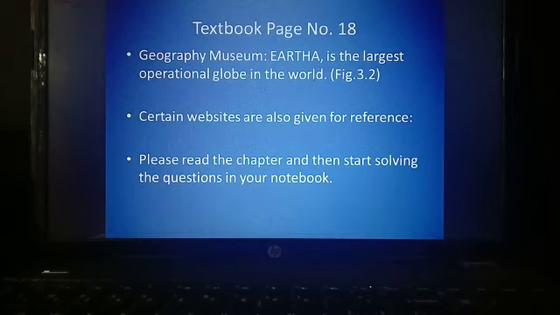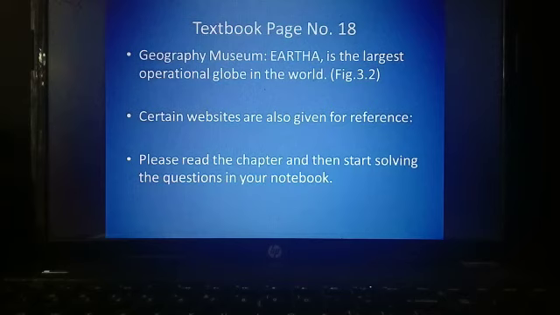The same motion is kept on this particular globe, which is called Eartha. Eartha is the largest operational globe in the world, and the figure is shown on your textbook page number 18, figure 3.2.